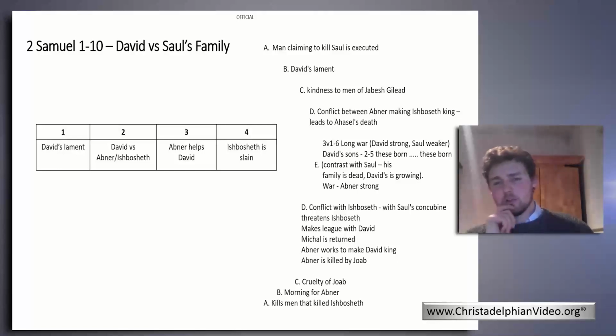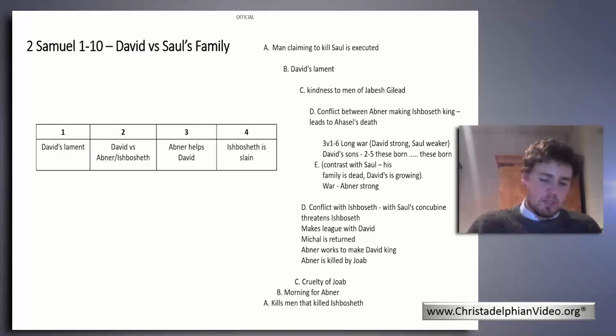And then on the other side of the central passage, because of what's almost a slightly arbitrary event, Abner goes and takes Saul's concubines, and Ishbosheth gets upset by that, Abner completely changes, and then he works to make David king. So part D are parallels with Abner trying to make Ishbosheth king, and then trying to make David king. First one leading to Asahel's death, and then the second one leading to Abner's death because he killed Asahel.